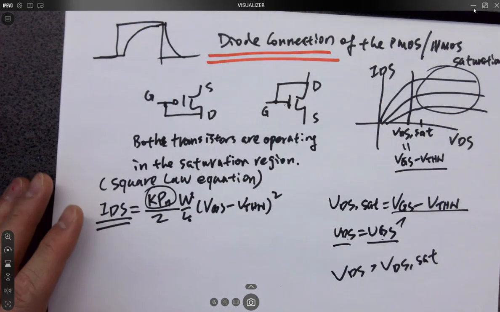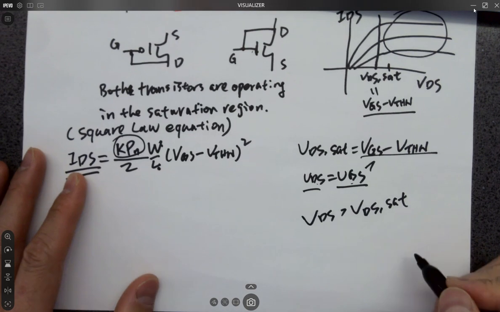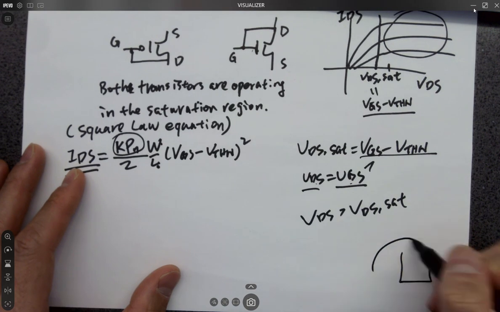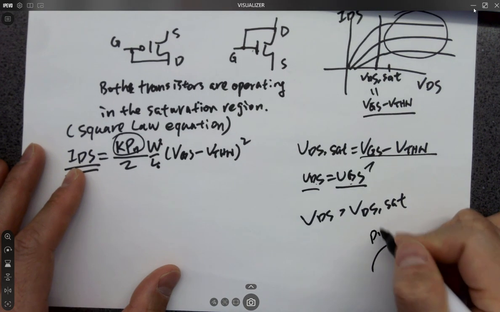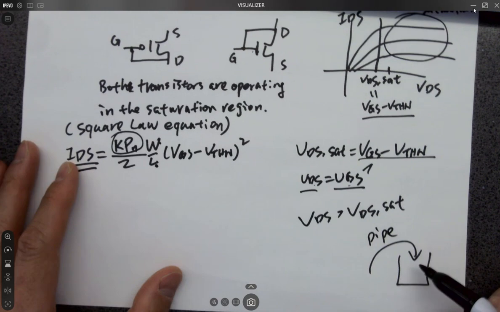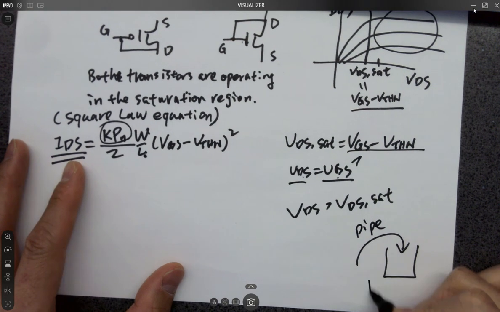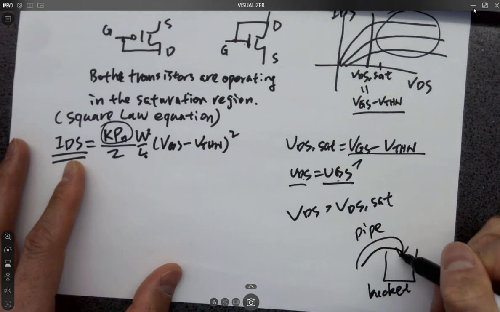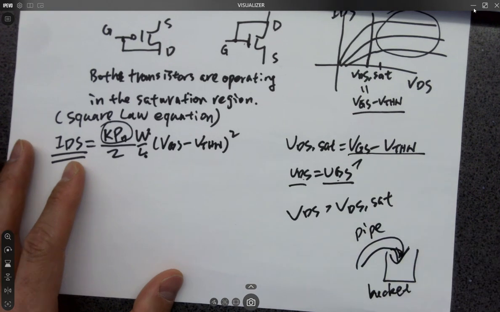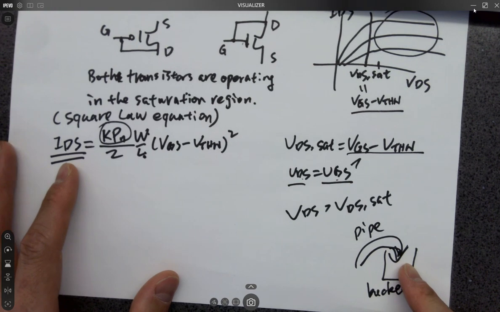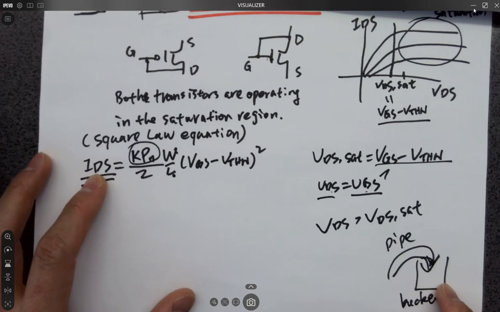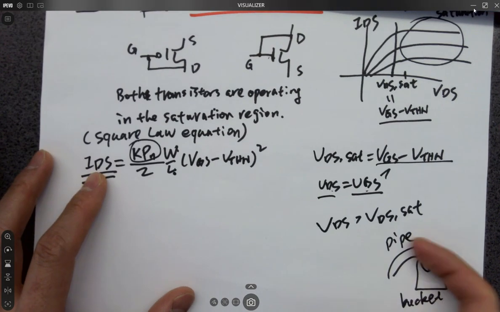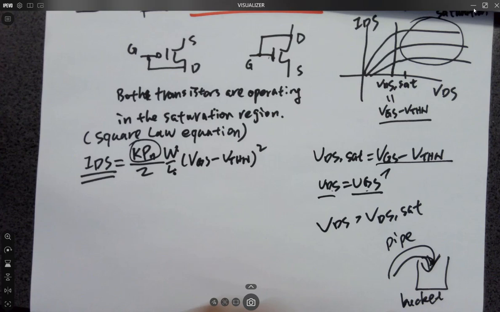It's very similar to a pipe putting current into a bucket. If you have more current, you can charge and discharge the bucket quickly. You fill it up quickly, and you also pump out water very quickly if you have more current flowing in the pipe.